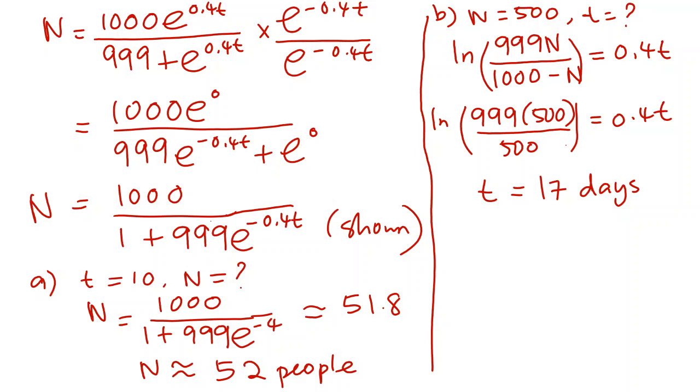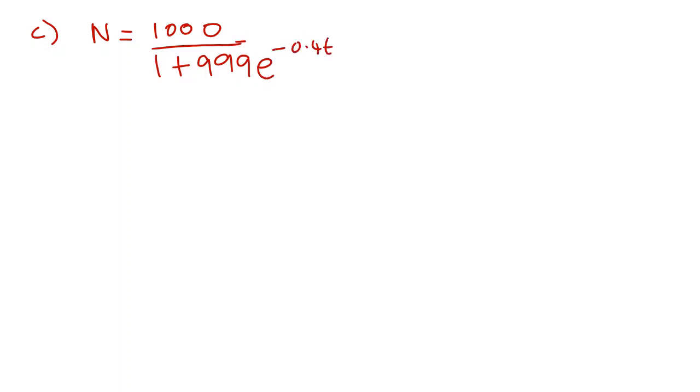Now let's look at the last question, where you are asked to find the limit of n in terms of t as t approaches infinity. Question C. Before that we have n equals 1000 over 1 plus 999 e to the power of negative 0.4t.